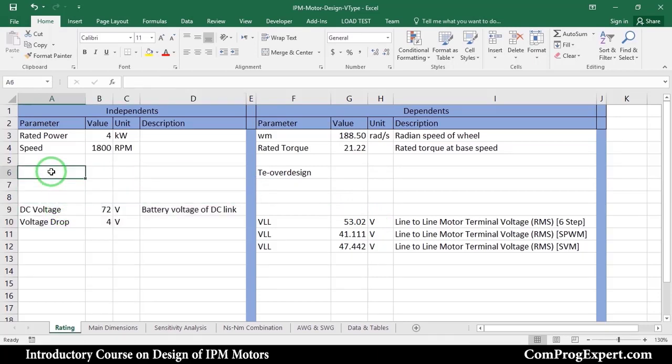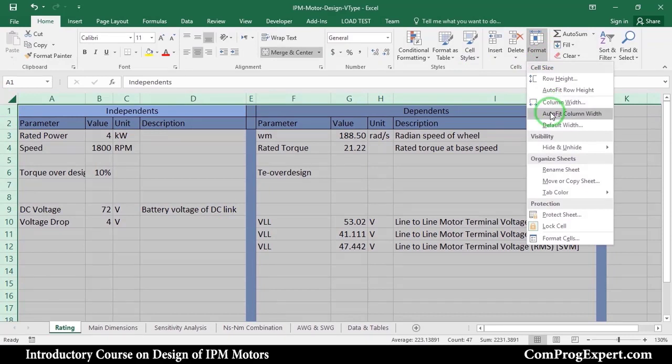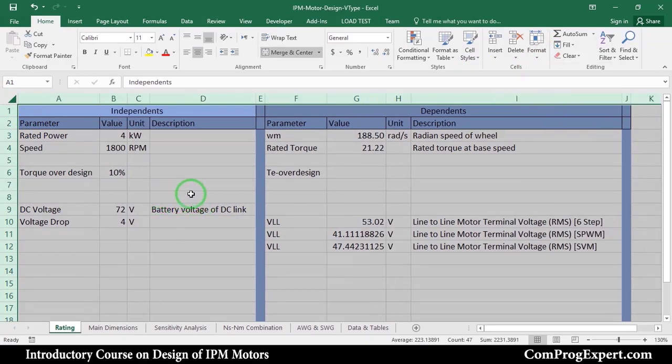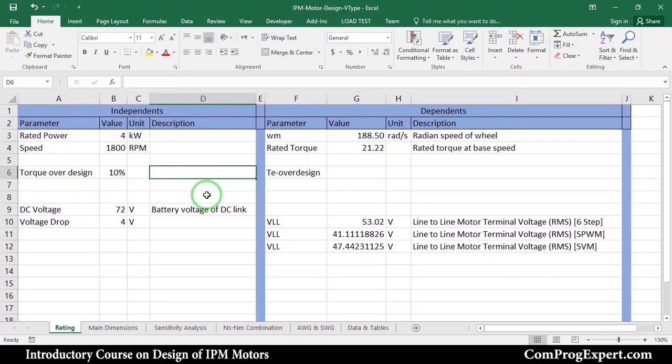I write torque, our design, percent. I write 10. I define a design variable there that is easier to use.